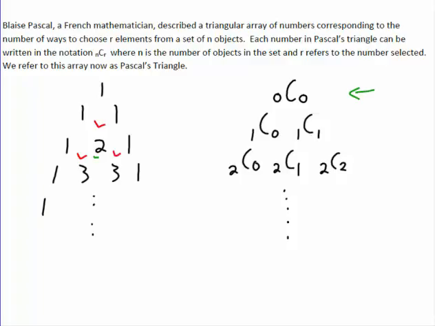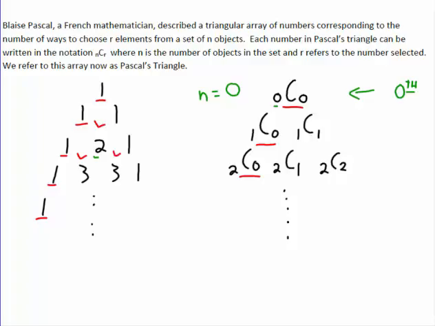What we're going to consider with Pascal's triangle is that the top of the triangle is the 0th row. Now that might seem a little bit strange, but that'll come into play in a second here. That's the 0th row. This is where n equals 0, corresponding to that 0 in your nCr. Now the first 1, corresponding to that first number in each row, we consider that the 0th place, where r is 0.